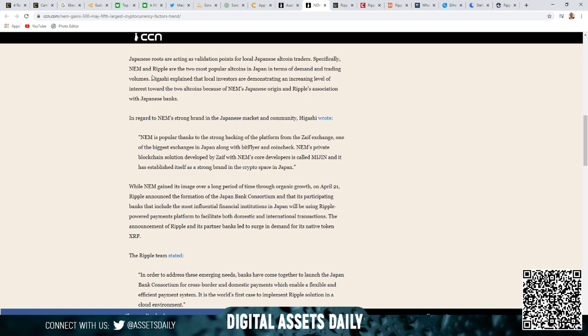Here, the founder, the creator of Soramitsu, also created NEM, which is now a Ripple connection, a Ripple partner. And this gets interesting because NEM and Ripple are the two most popular altcoins in Japan in terms of demand and trading volumes. Higashi explained that local investors are demonstrating an increasing level of interest toward the two altcoins because of NEM's Japanese origin and Ripple's association with Japanese banks.